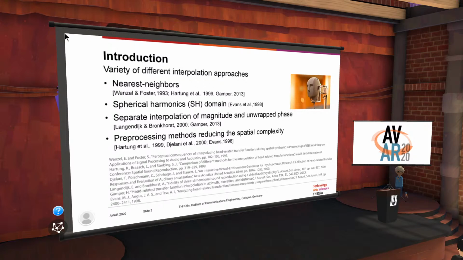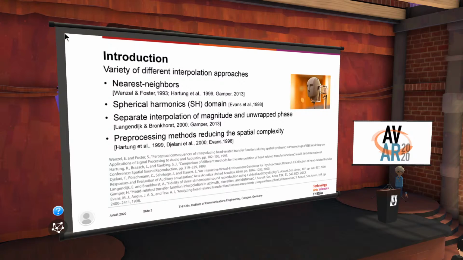Yeah, okay. Looking back to the early studies on interpolation, there are lots of methods available, and I do not want to do just another study and increase the mass of different interpolation techniques and comparisons.